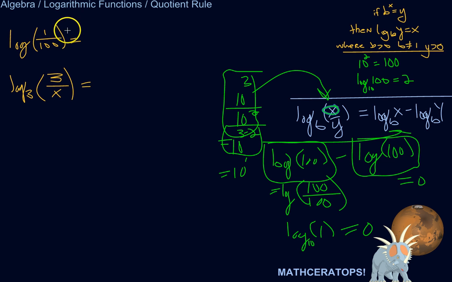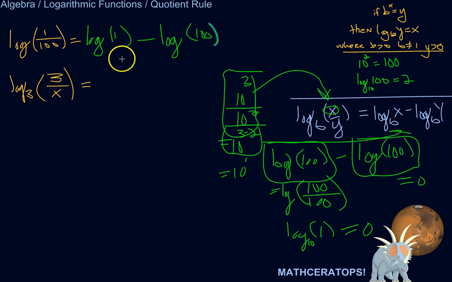So let's try some examples. The quotient rule would say that log of 1 over 100 is equivalent to, and again, there's no base stated here, so we're assuming log base 10, log of 1 minus log of 100, the denominator in the quotient.